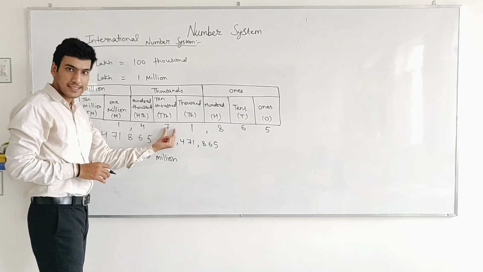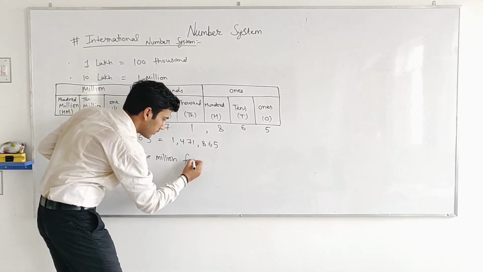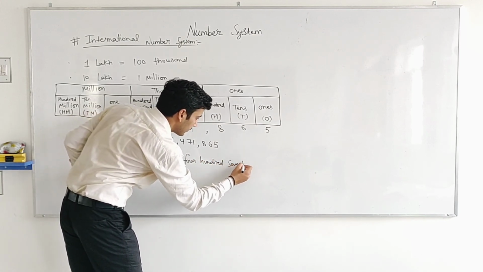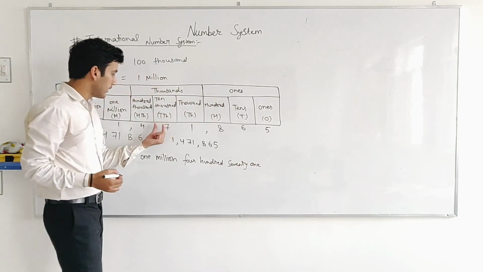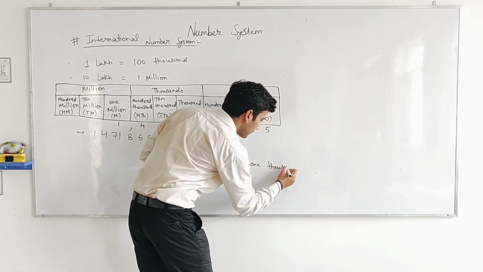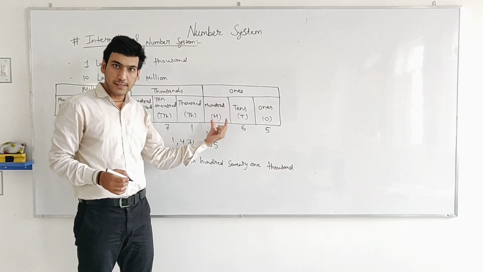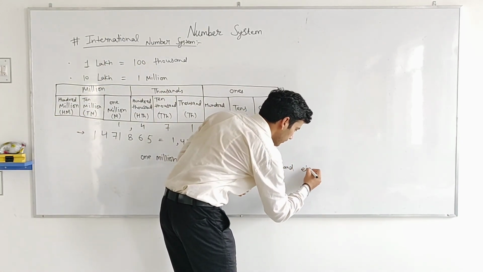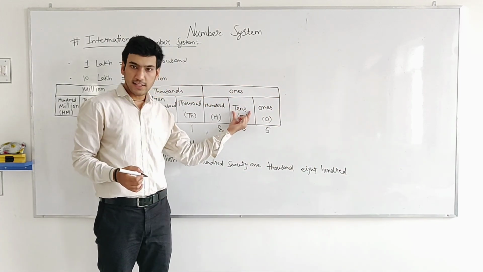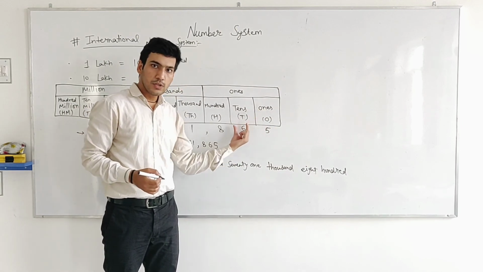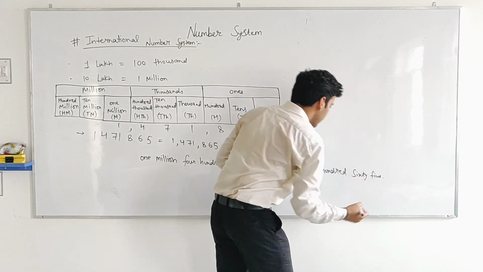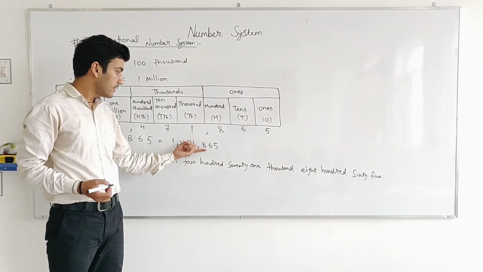So 471, 471,000. 8 is on my hundreds place, so 800. 6 is on my tens place, and 5 is on my ones place, so 65. So this is the number name of this number.